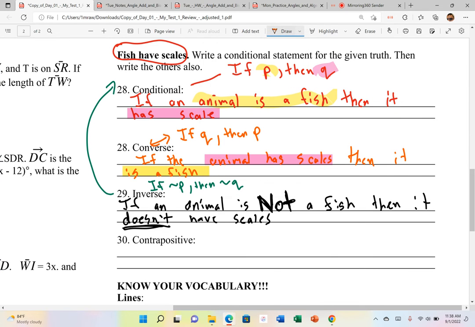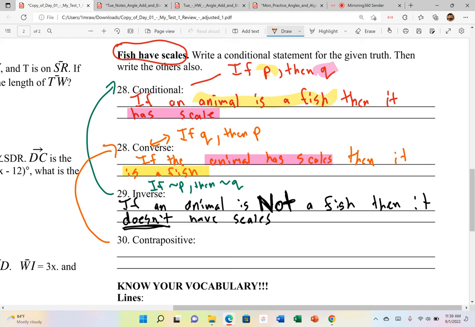Last but not least, we have what we call the contrapositive. Now, the contrapositive does both the inverse and the converse. Okay, it's the combination of both of them. So your contrapositive, the easiest way for me, and this is just a personal preference, you don't have to do this, is instead of going back to the original conditional statement, I like to go to the converse because the converse is already switched, right?